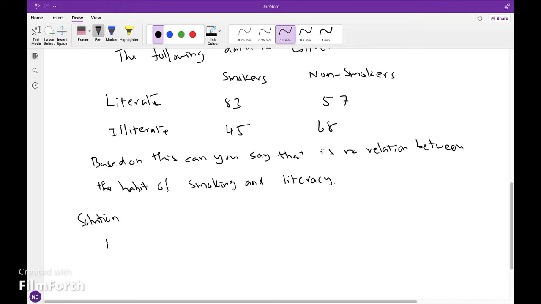Solution. First, form the null hypothesis. Null hypothesis: there is no evidence of association between smoking habit and literacy.